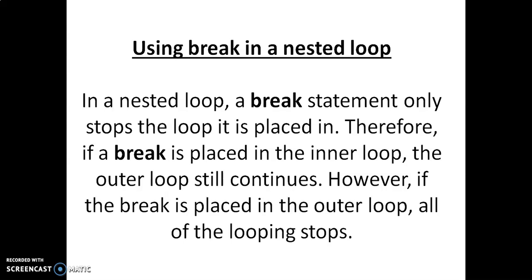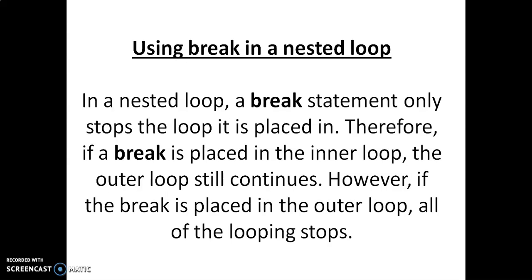The break statement is mainly used as a terminator, which means it stops the working of the loop. Suppose an inner loop and an outer loop are there, and we add the break statement in the inner loop.